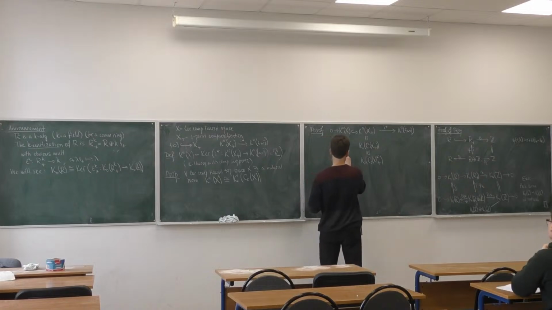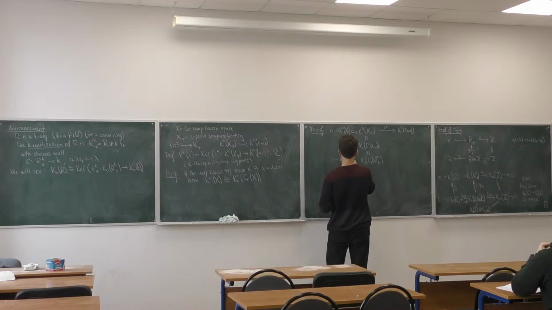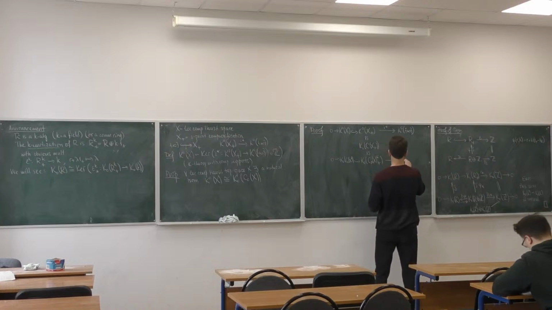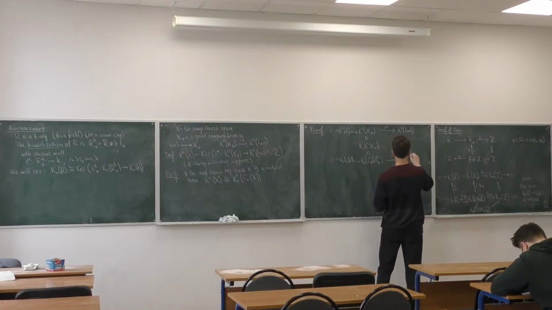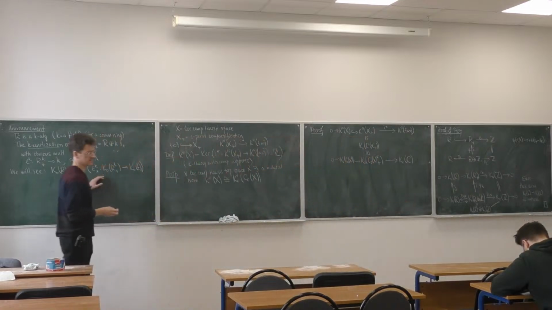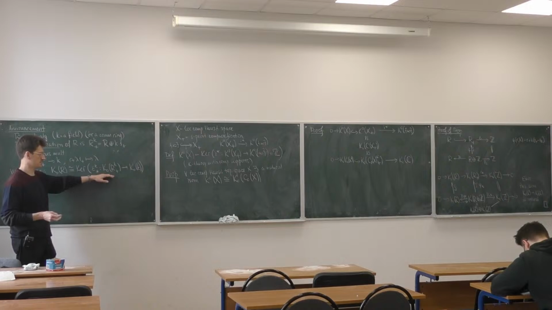So, not exactly by definition, but almost by definition, modulo this remark, K0 of C0 of X is the kernel of the canonical map. So we use this remark in this case where little k is the field of complex numbers.